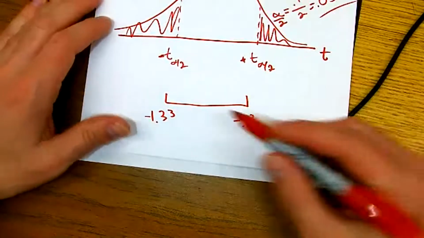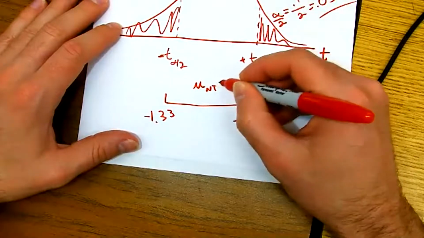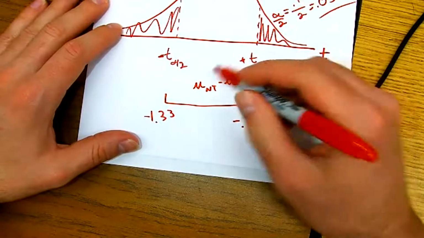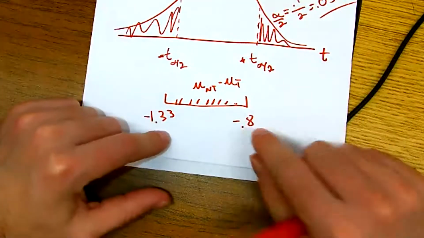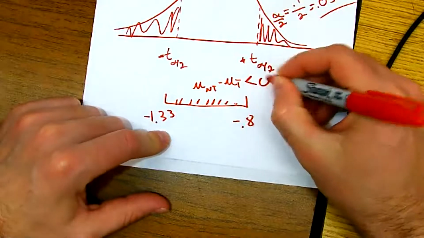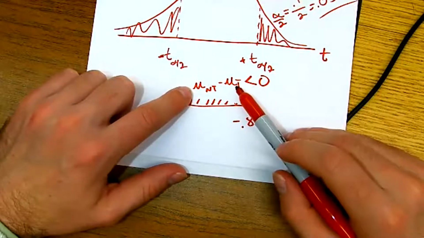What that confidence interval is saying is that the true difference between non-texters and texters in their response time is somewhere in this range. These are all negative values, so that difference is less than 0. What's the only way that this difference is less than 0?